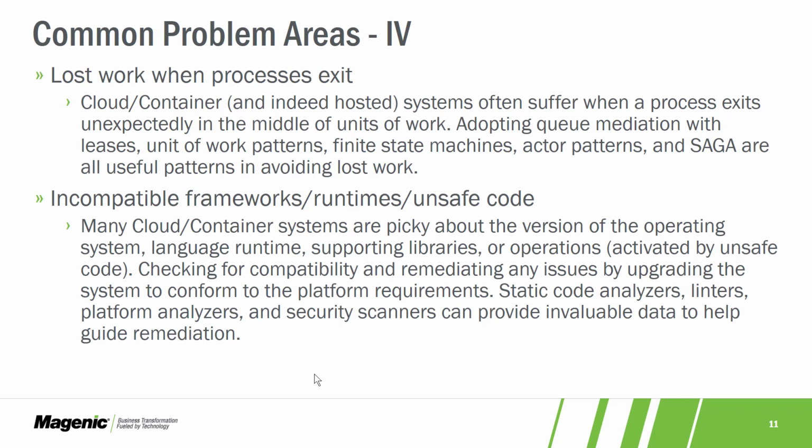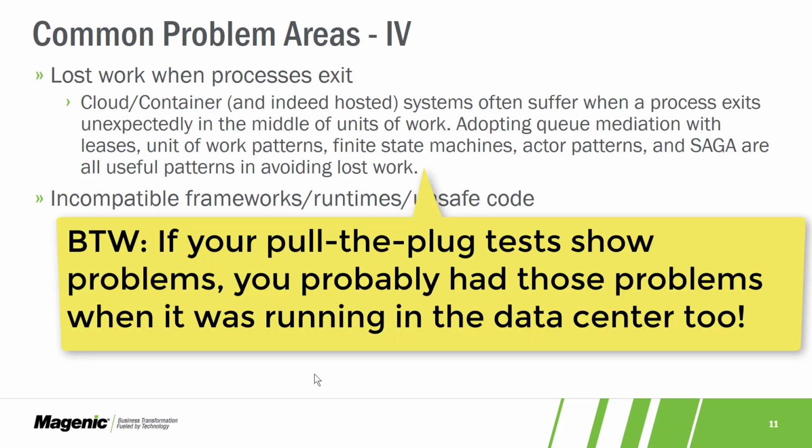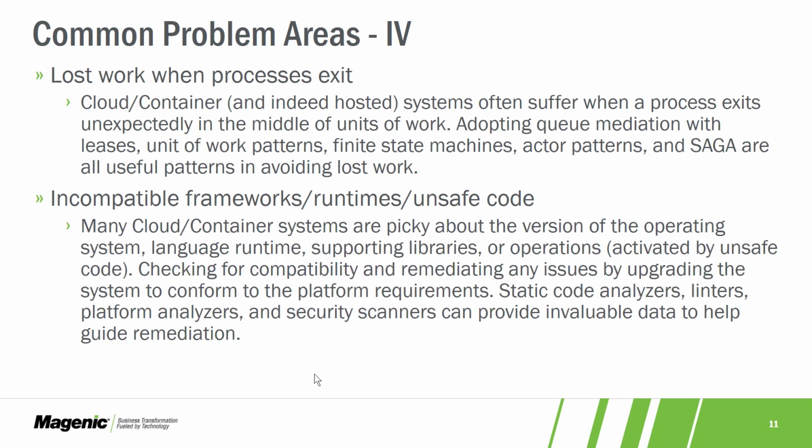And that is often a good way of finding out whether or not you need to adopt something like queue mediation with leases, unit of work patterns, finite state machines, actor patterns, Saga, etc., to avoid losing work when your process crashes. By the way, if your process loses work when it crashes, it probably did it in the data center too.